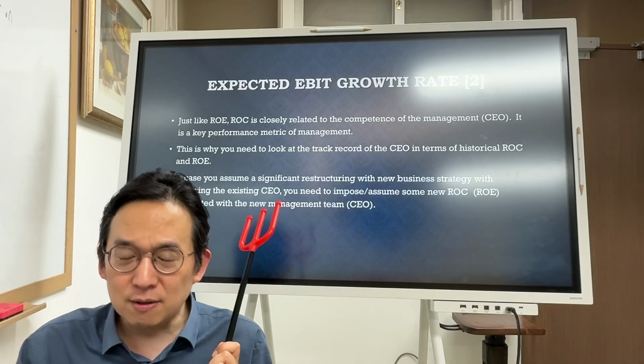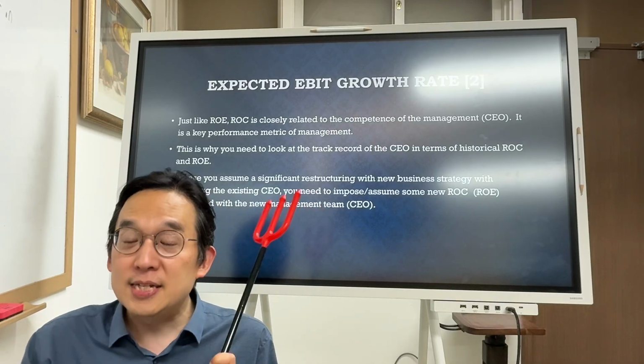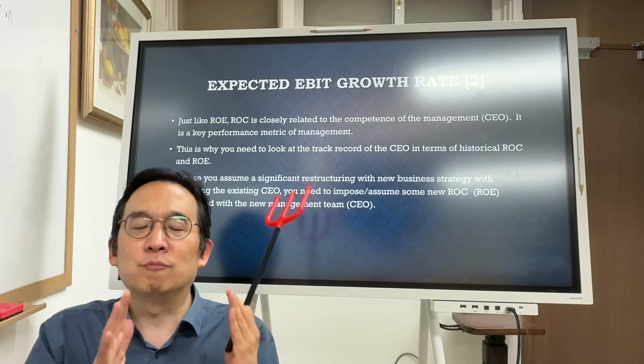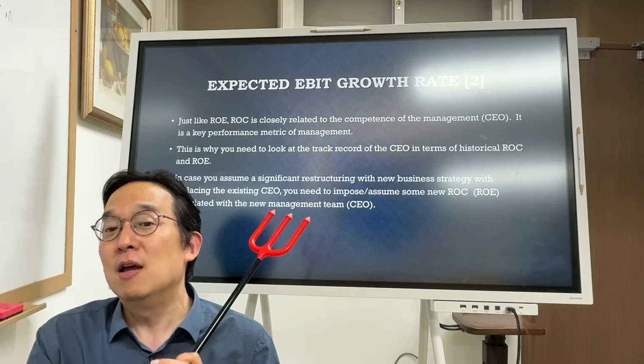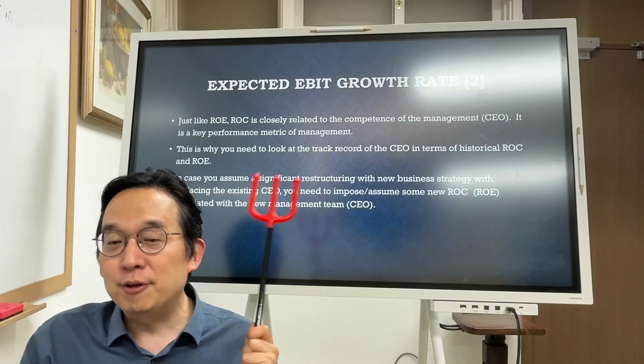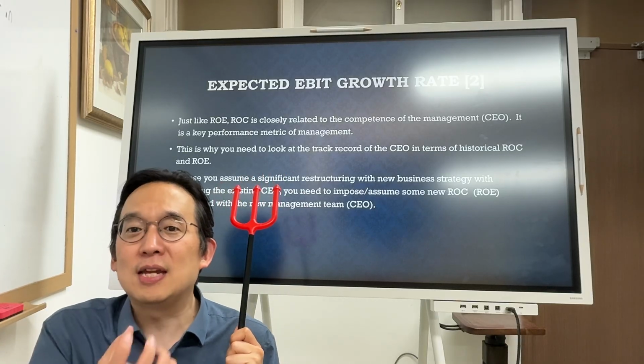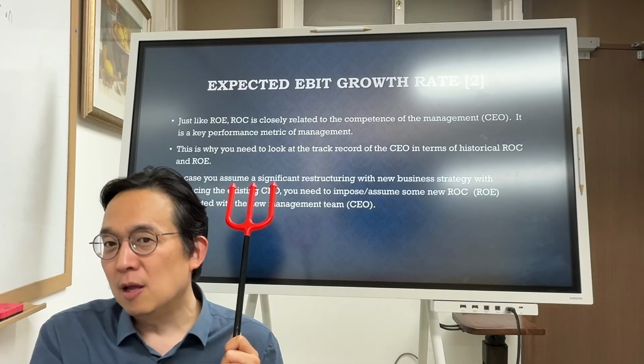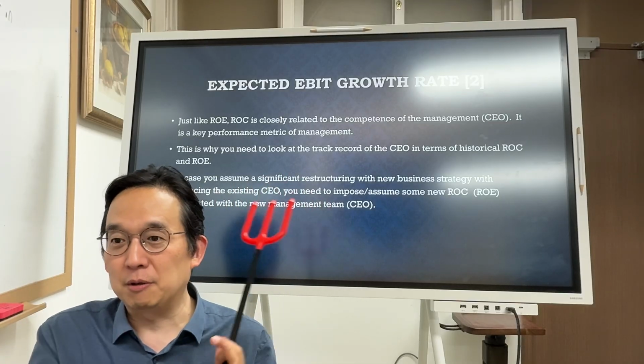This is the reason why DCF valuation works best for companies with a long track record. It enables you to predict what is going to happen given that the same CEO is there, or the company's track record is available.